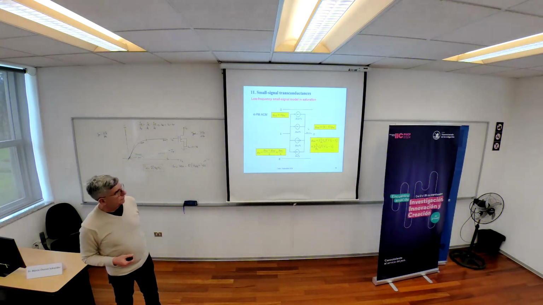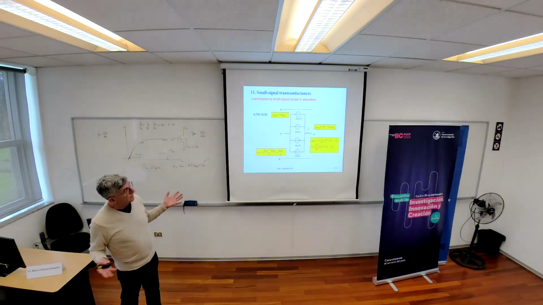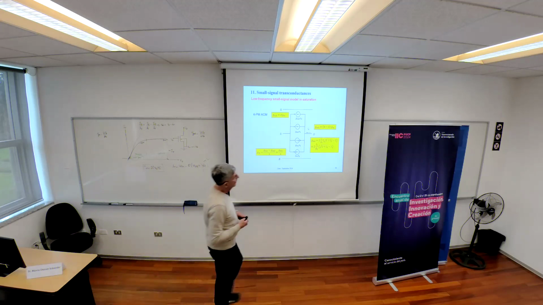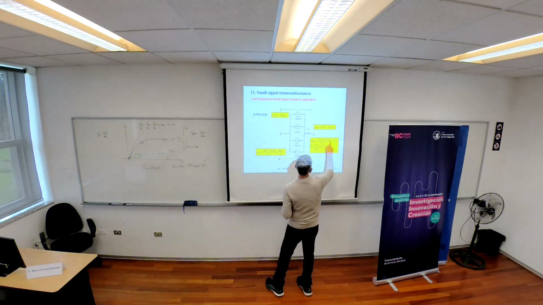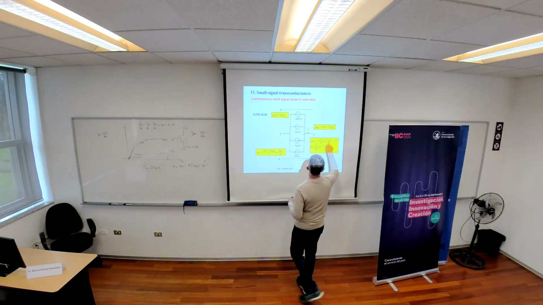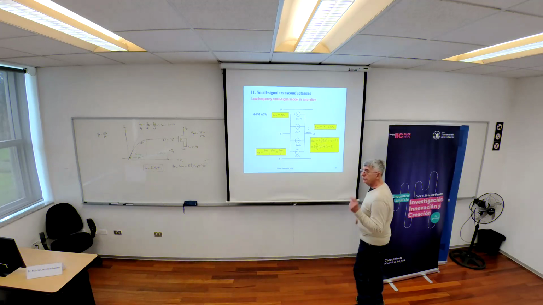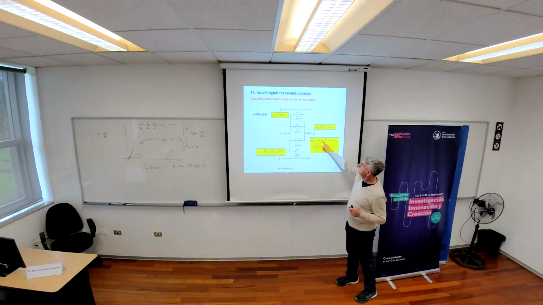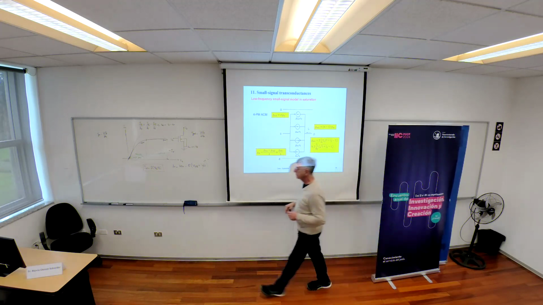We have a lot of these equations in a lot of designs. They are very useful because you can see that you have a dependence here on the inversion level. You have here 2 degrees of freedom. One is the IS.